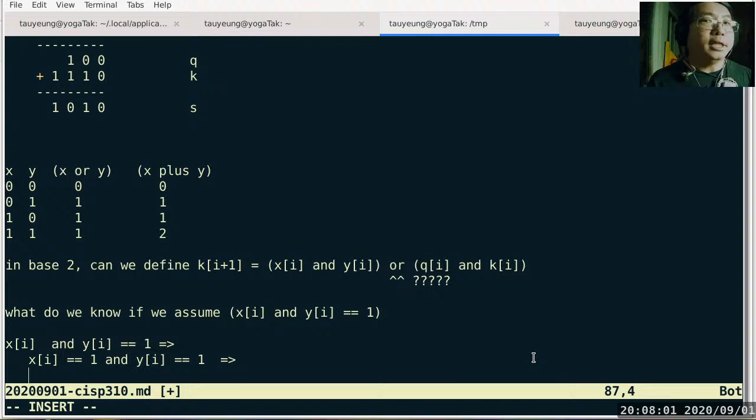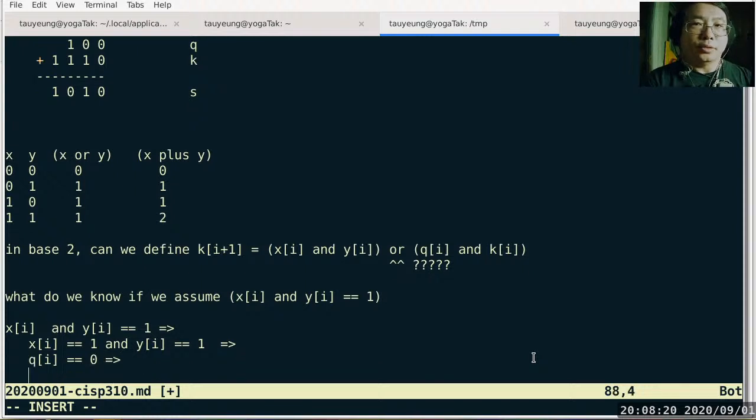So if I already know what x really is, it's a 1, and I know what y is, it's a 1, what is the single digit result of adding x and y? It's a 0. Very good. So q_i is known to be a 0. If I know q_i is a 0, what do I know about the conjunction of q_i and k_i? Okay, what do we know about that?